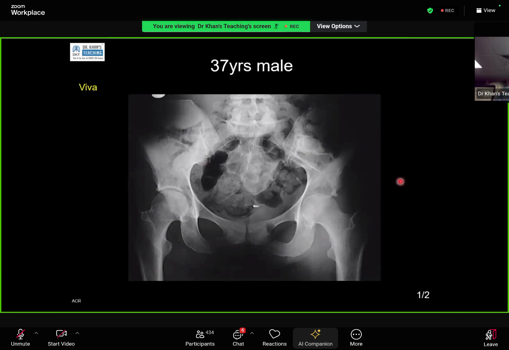Yes, please. A 37-year-old male, left-sided symptoms. Over to you. I'm presented with an AP pelvis radiograph of a skeletally mature patient. There is narrowing of the left hip joint with lucency of the acetabular roof, I think. And there is also subtle lucency involving the femoral head admixed with sclerosis.